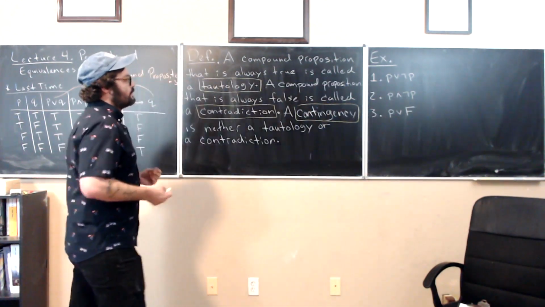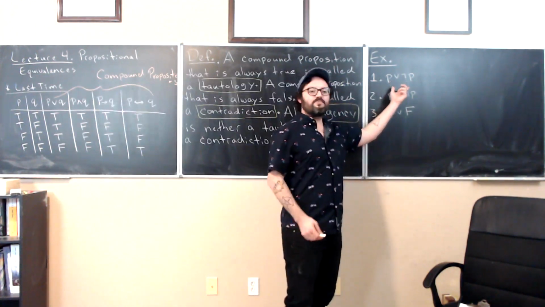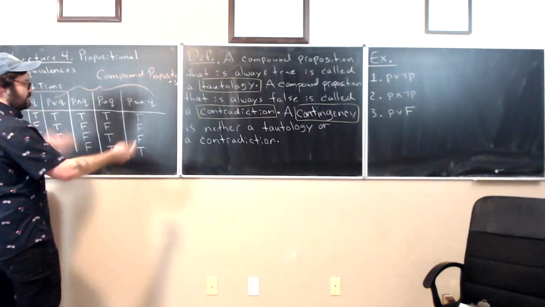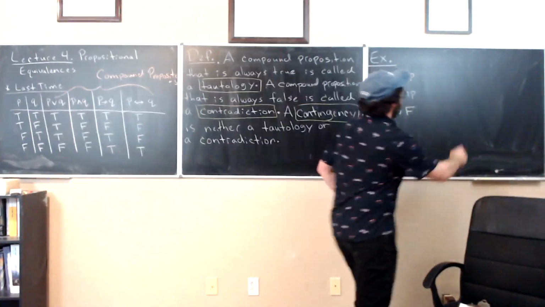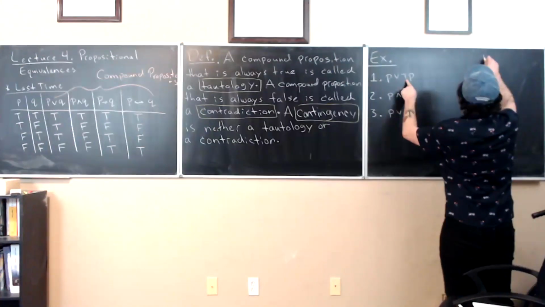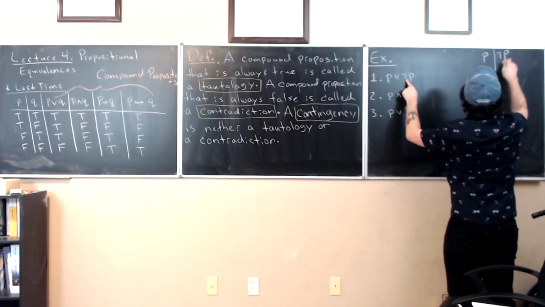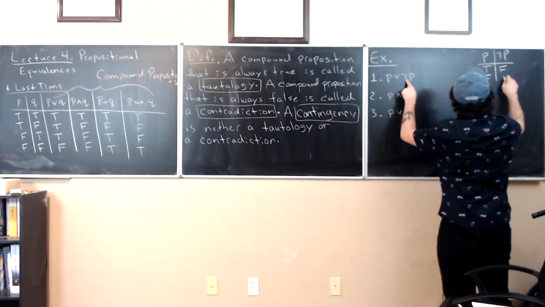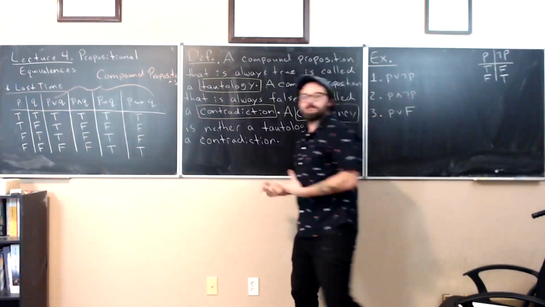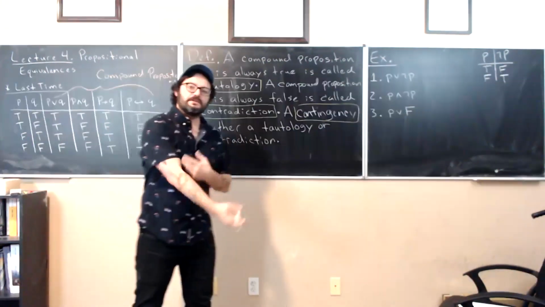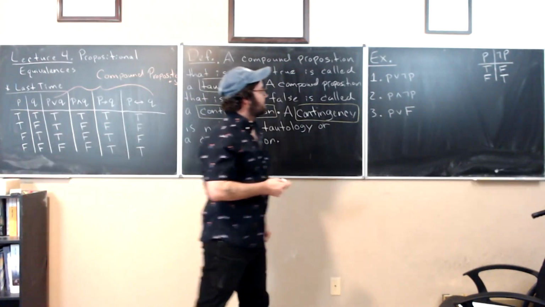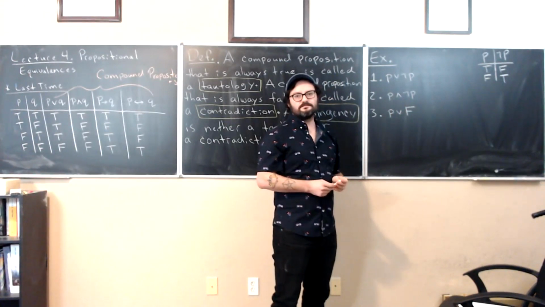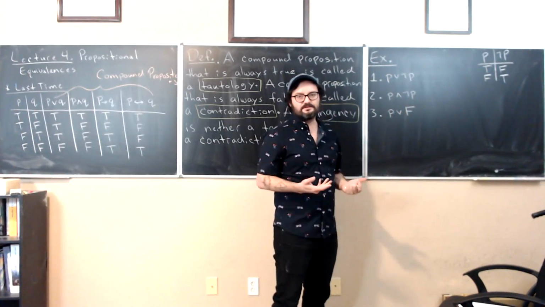So what is the truth value of P or not P? Recall that the negation is defined as the opposite truth value. If P is true, then the negation of P is false. If P is false, then the negation of P is true. So P or not P, what's the truth value of that, regardless of what P is?